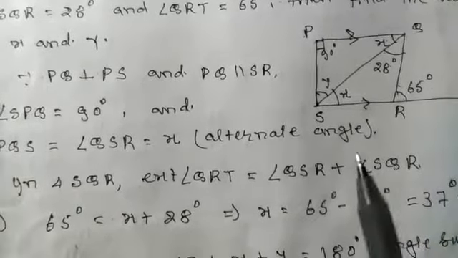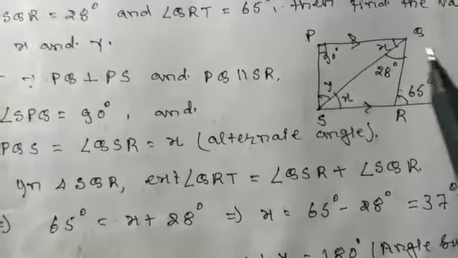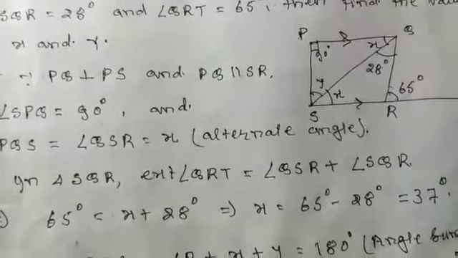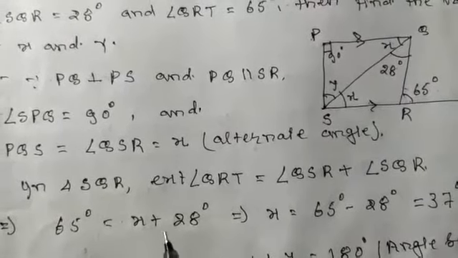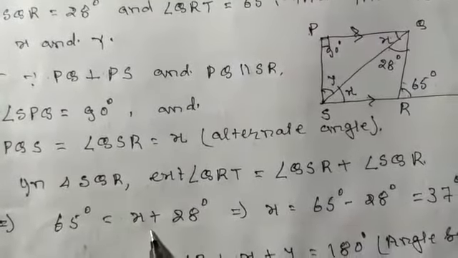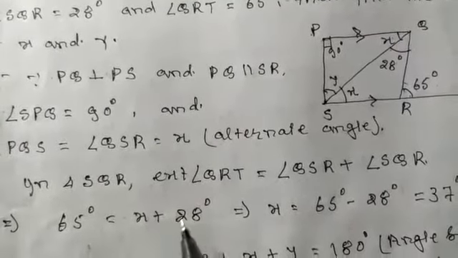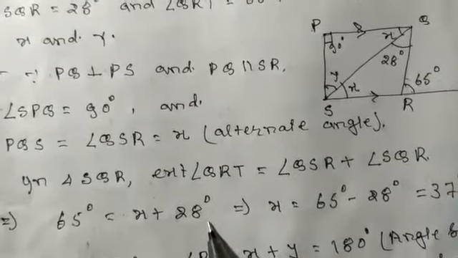So from that property, we have the measurement of angle QRT is 65 degrees, angle QSR is X and angle SQR is given as 28 degrees.